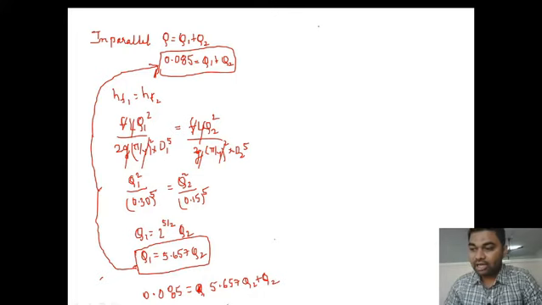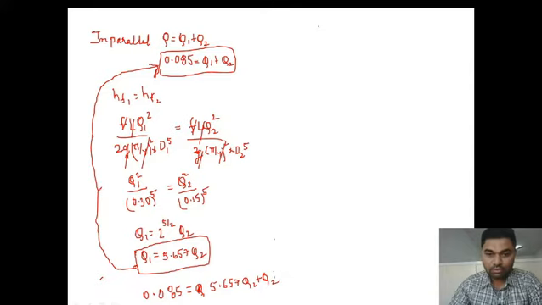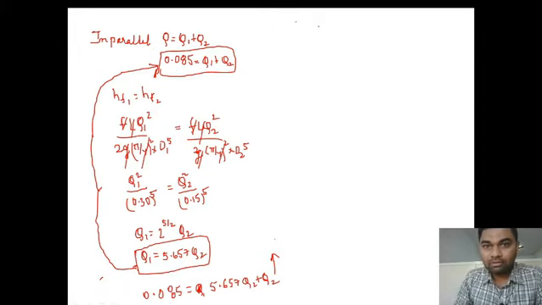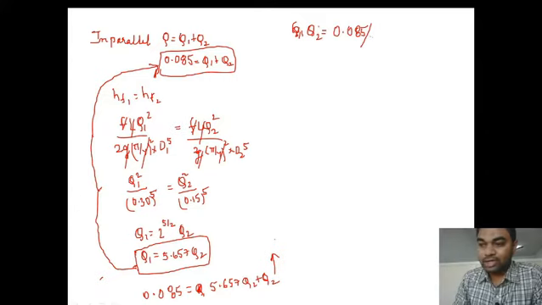So from here the value of Q2 is 0.085 divided by 6.657.